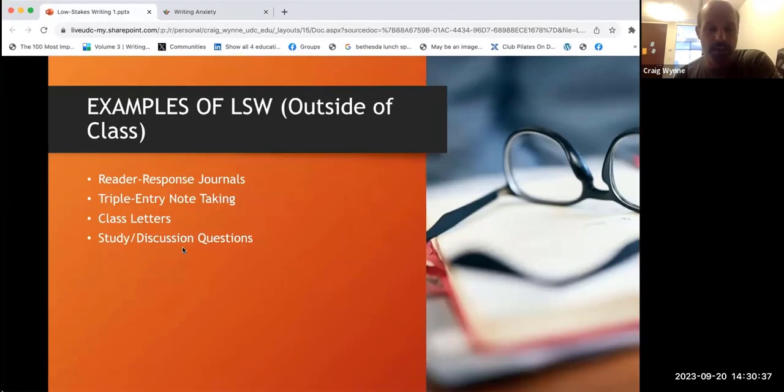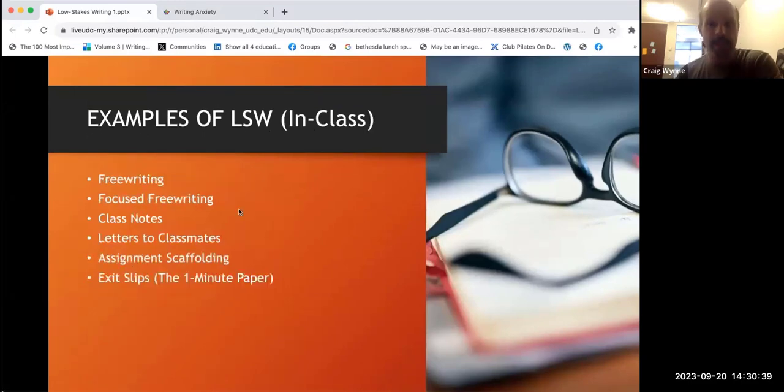But yes, and this actually is a nice segue to low stakes writing that can be used in class. I'm a very big advocate of free writing, particularly, and in free writing students just write about anything that's on their mind. A lot of composition instructors use that in creative writing as well. I'm a big advocate of focused free writing, where students might be given a prompt or a question related to a topic we're learning about.